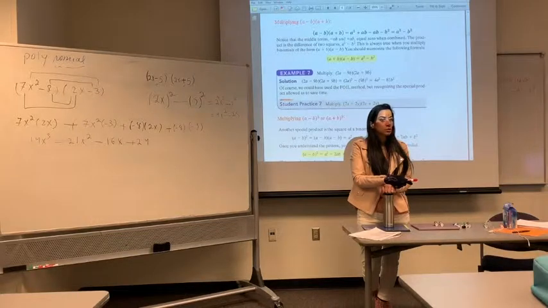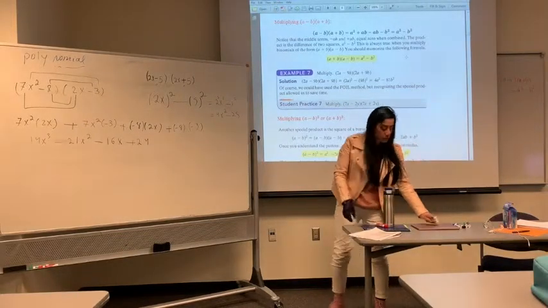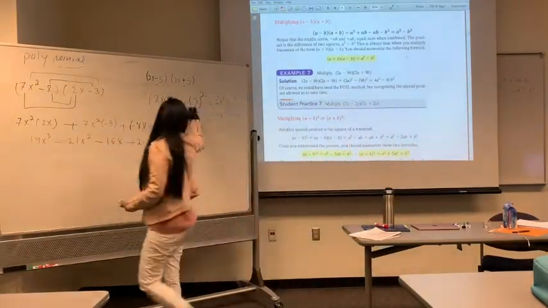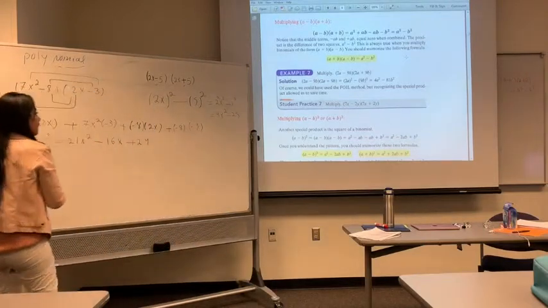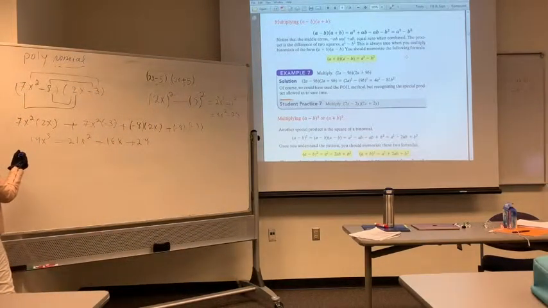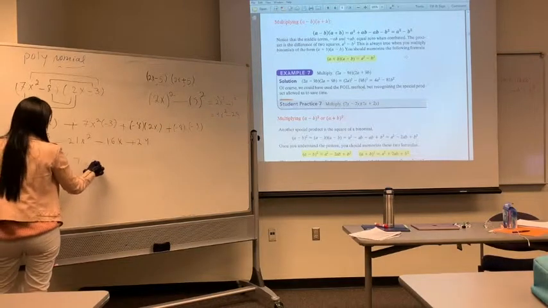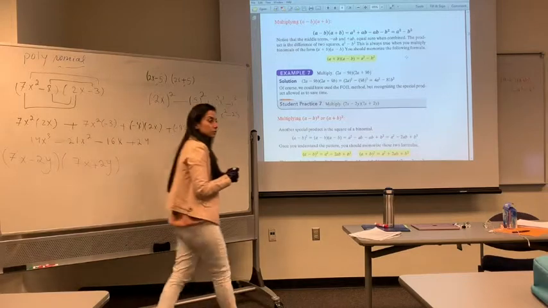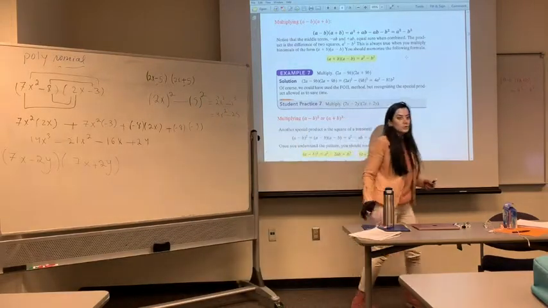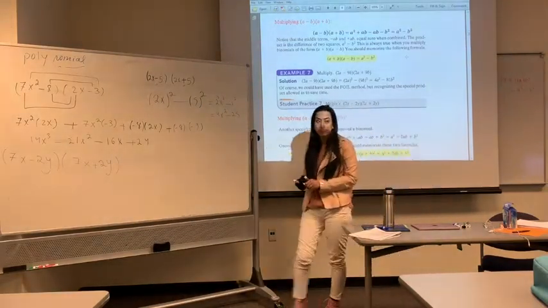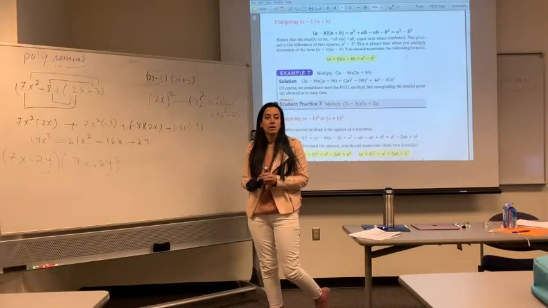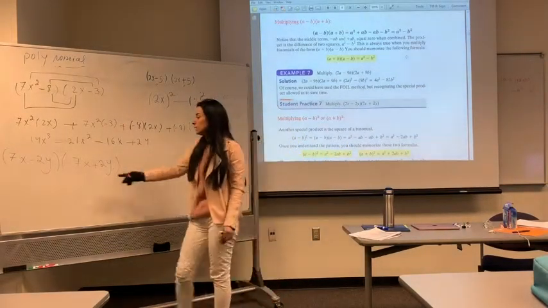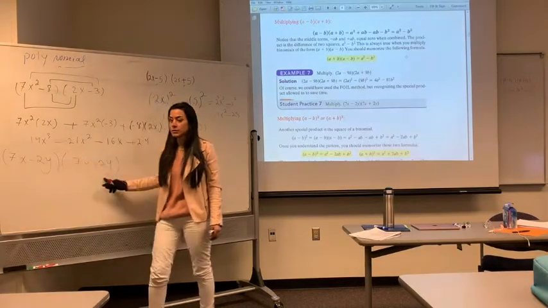Correct? Okay, so the next one, let's use this again. So we have 7x minus 2y multiplied by 7x plus 2y. So both parentheses are binomials, correct? And the only difference between these two is the negative sign and the positive sign, right?